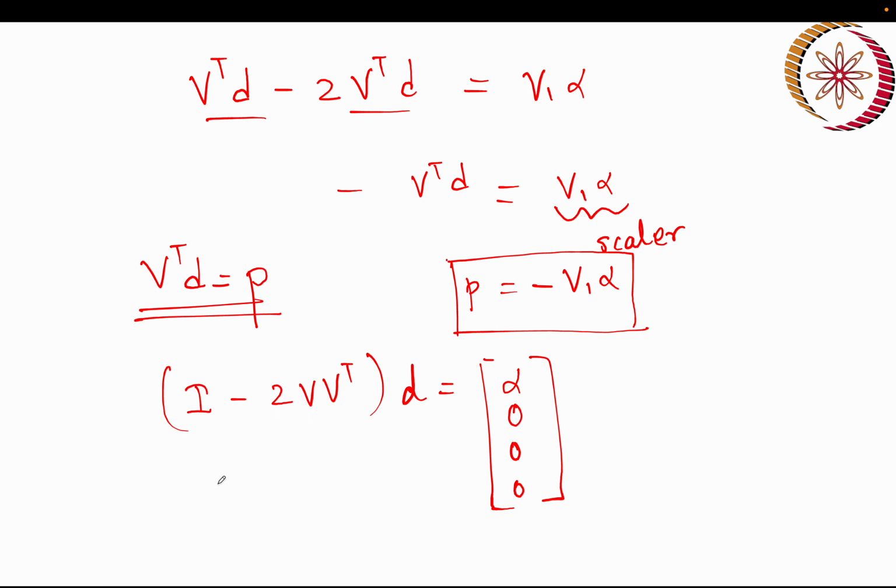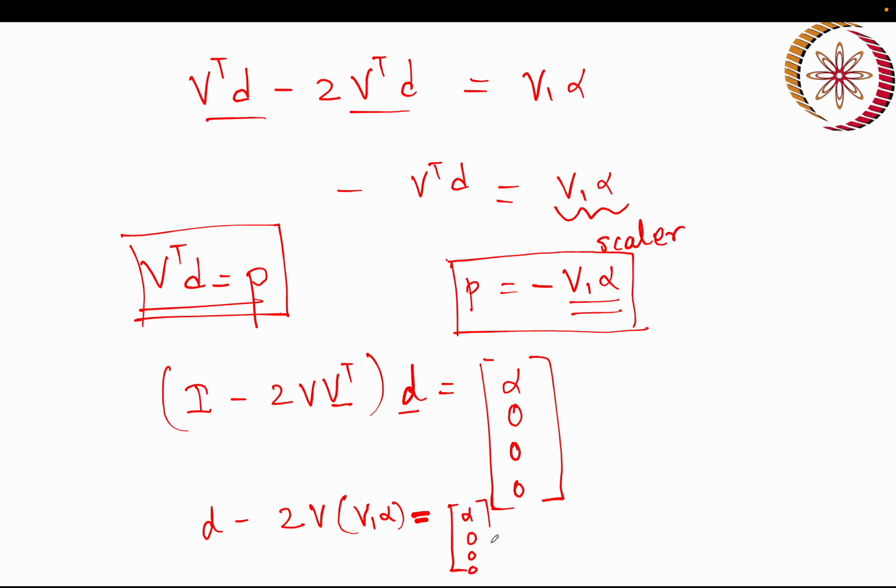So D minus 2V, V transpose D is nothing but P, and P is nothing but V1 alpha. So I will write V1 alpha here, and that is nothing but alpha 0 0 0.